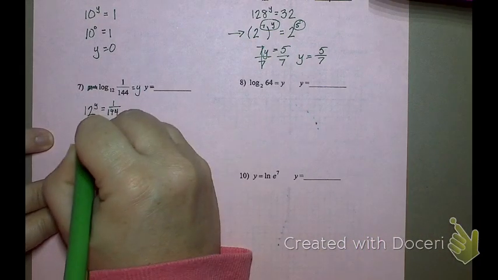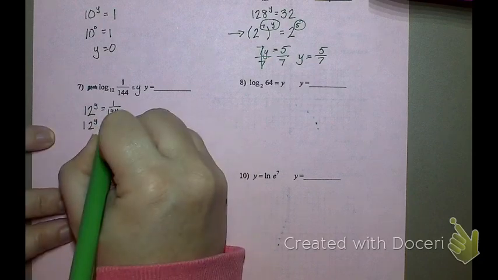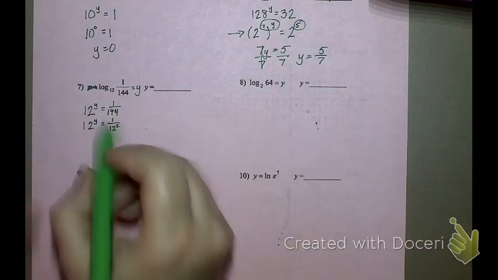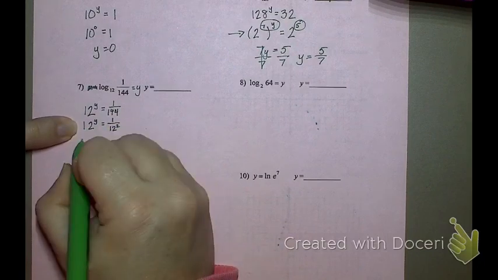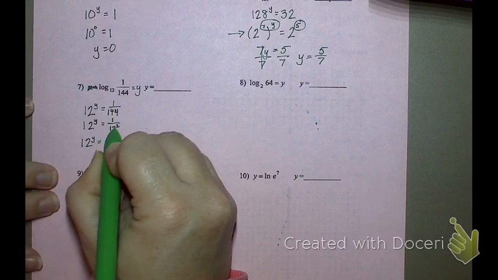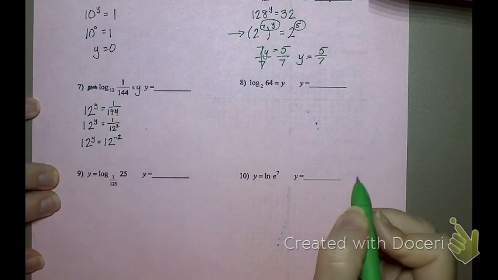I know that 144, some of you might be able to skip this step, but I know that 144 is 12 squared. Yes? Some of you may be able to skip this step and go straight to the fact that in order to make that a matching base, I have to make that exponent negative.